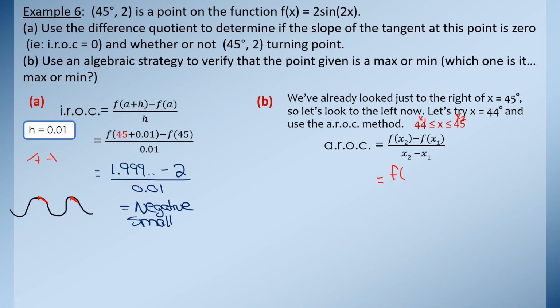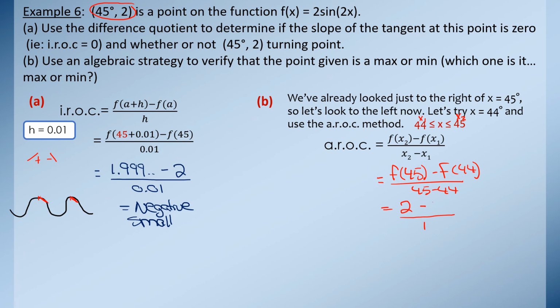So the first one is x1, the second one's x2, so we're putting a 45 here, minus f at 44 over 45 minus 44. So our function at 45, they already told us that in the question. I'm going to circle it at the very top here. We already know the y value is a 2, so I can go ahead and put a 2 there. Function at 44, I'm going to have to figure that out, and my denominator will just be a 1.